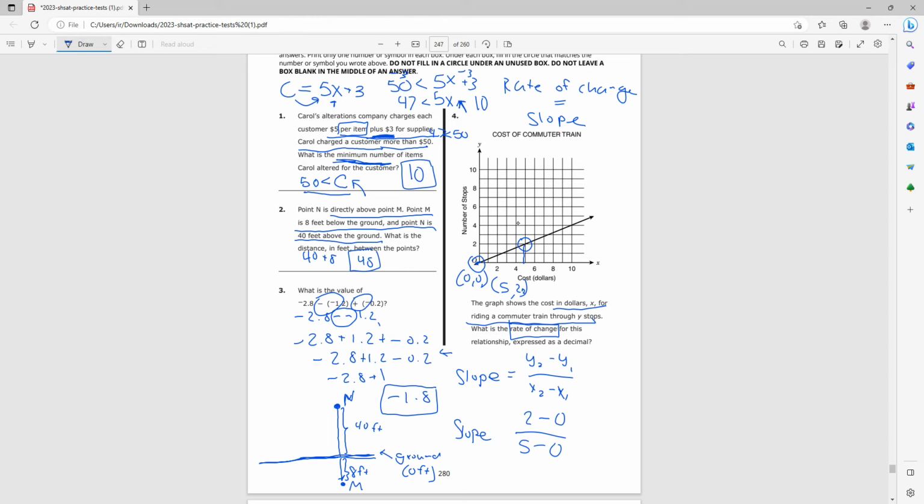And what this is equal to is 2 over 5, and 2/5 is equal to 0.4. Because it asks us to express it as a decimal, we can't leave it as 2 over 5. We have to simplify that into 0.4.